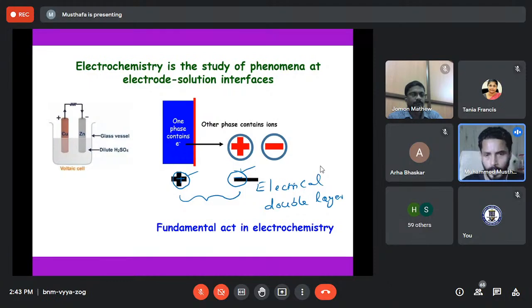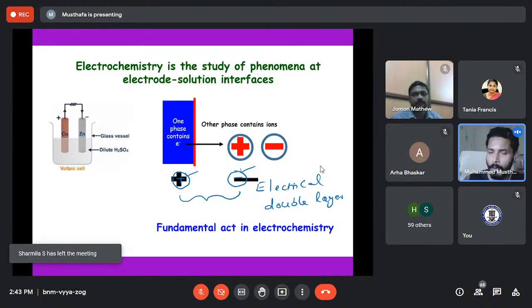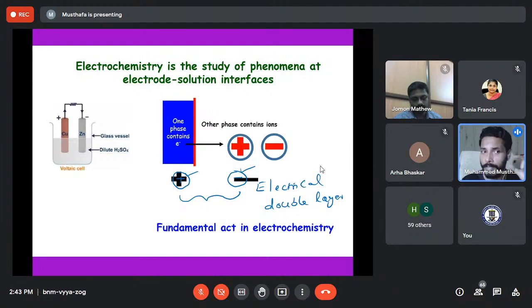Otherwise, you cannot manipulate it. You cannot make it powerful. Whatever you want to do with your electrochemical interface, let it be battery, supercapacitor, fuel cell, or whatever be the electrochemical device, you must have an idea about the structure of the electrical double layer. It's very, very important, because that dictates the property of that interface.